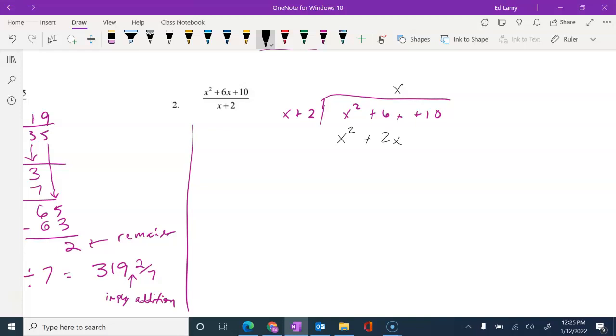Put it right underneath. The next thing we did when we divided was subtract. I'm going to ask that you put parentheses around that polynomial. When we're doing polynomials, you'll forget that it's a polynomial minus another polynomial. x squared minus x squared is 0, but 6x minus 2x is 4x.